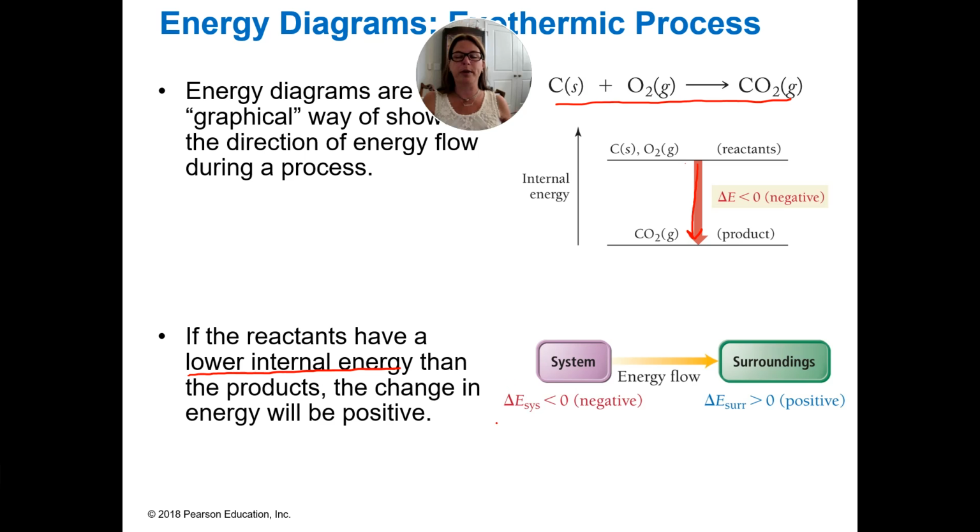So if your reactants have lower energy than the final product, it's going to be a positive delta E. If you have reactants that have a higher energy than the final products, then your delta E is going to be negative. So what does this mean? If we have a positive delta E, then the energy is going from the surroundings into the system.